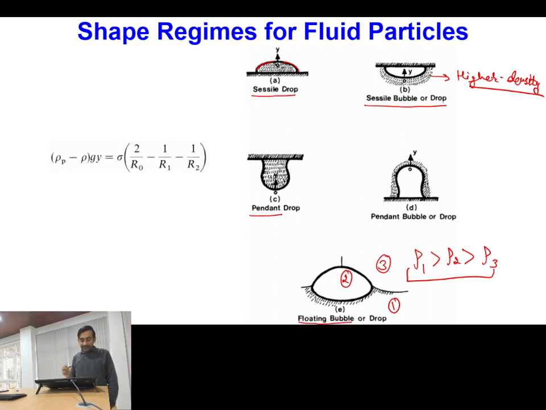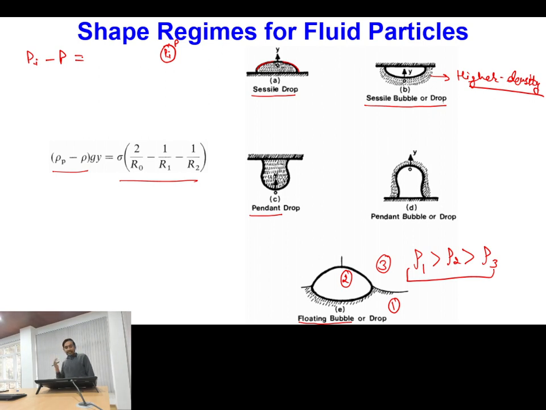Okay, now I was explaining this particular equation, so let me again put it in a more simplified version. Typically, if you have any spherical drop or bubble, then within the drop or bubble I will have some pressure Pi, and outside I will have some other pressure P. The difference Pi minus P is balanced by the surface tension forces.